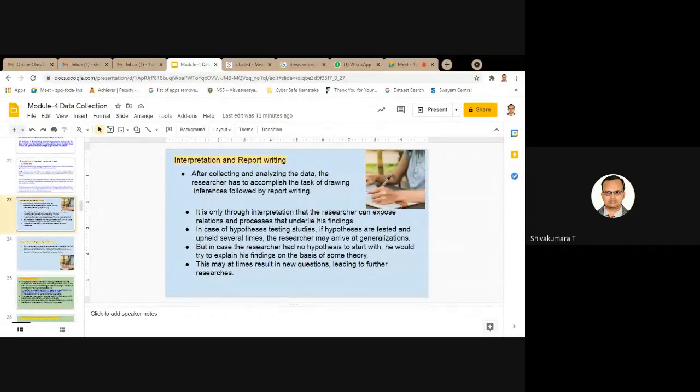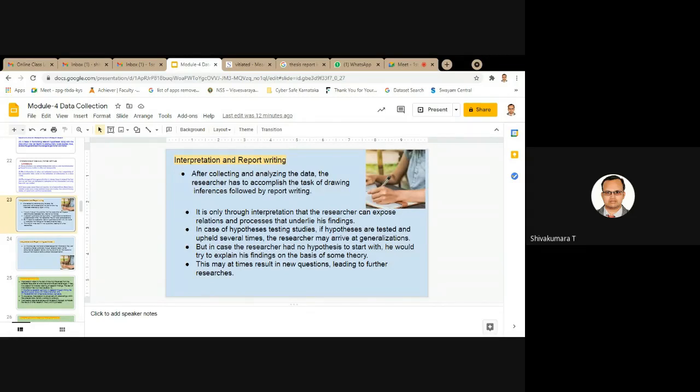But in case the researcher had no hypothesis to start with, as in exploratory research, you usually do not define the hypothesis well in advance. In that case, if you don't have the hypothesis, then you are required to explain your findings on the basis of some theory. Some reference theory you need to pull in and explain whatever you've done so far in your research.